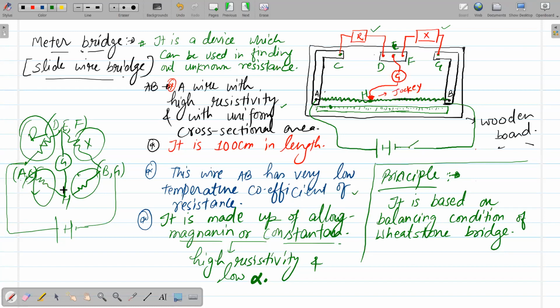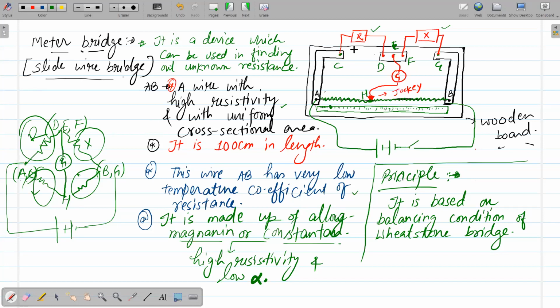No current flows through this diagonal resistance, that is the galvanometer, right? And this can be detected by the galvanometer as well, because the galvanometer gives us a reading, and if it gives no reading, that means for that condition no current is flowing through it, right everyone? So this is the point, and this is how this meter bridge works.